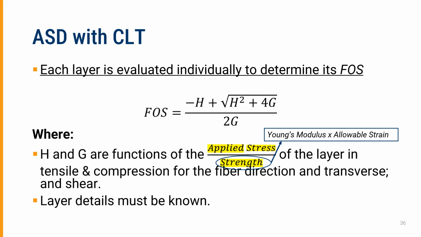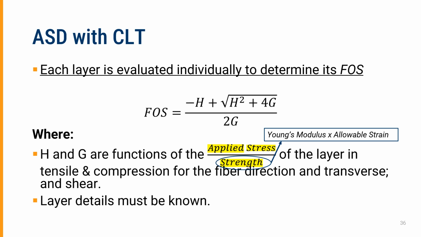If we're using classical lamination theory, we can actually perform allowable stress design for each layer. So we can evaluate each layer individually to determine the factor of safety associated with that layer. So we may have layers that are weaker or stronger than others, and layers that will experience failure or cracking before others.